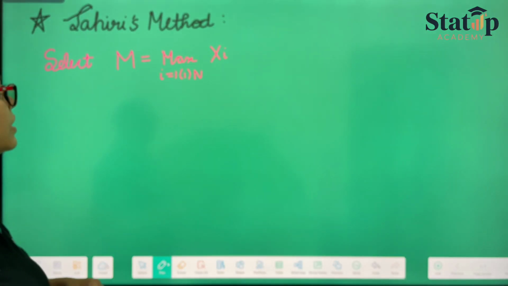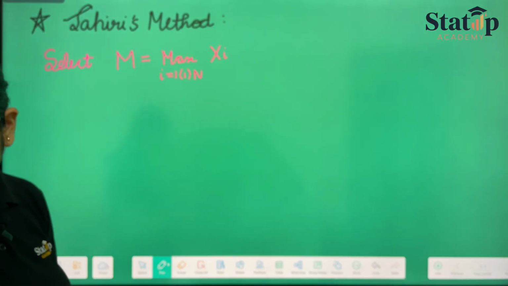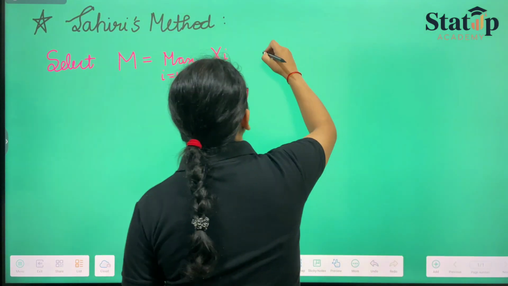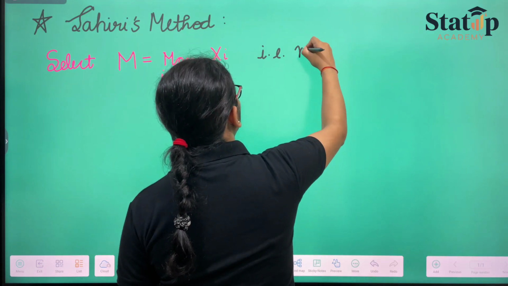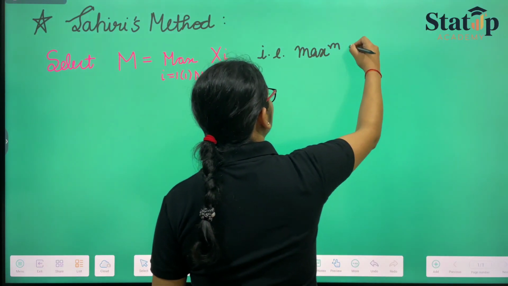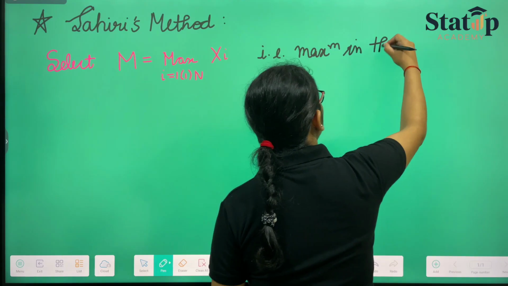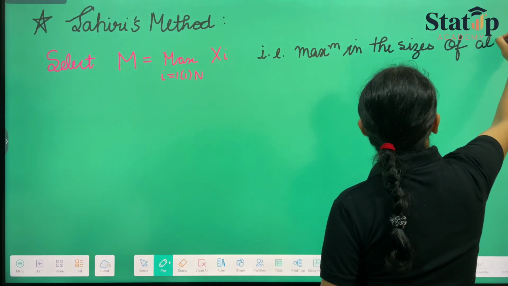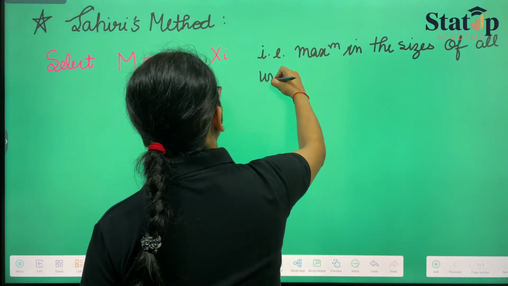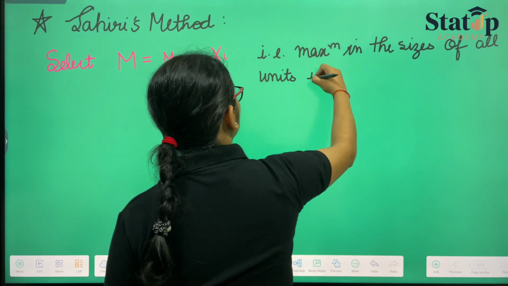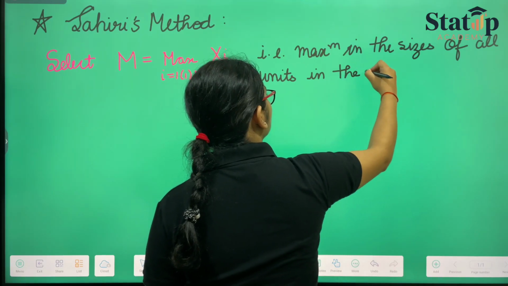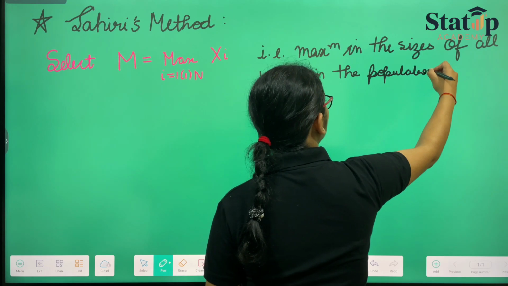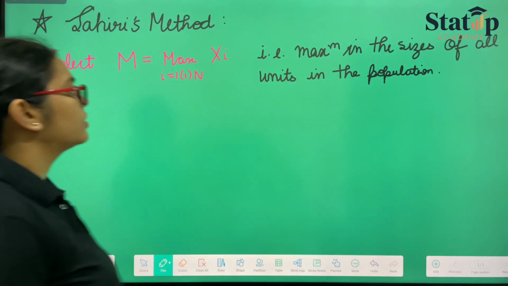That is, the maximum of the sizes of all units in the population. This is our step 1.